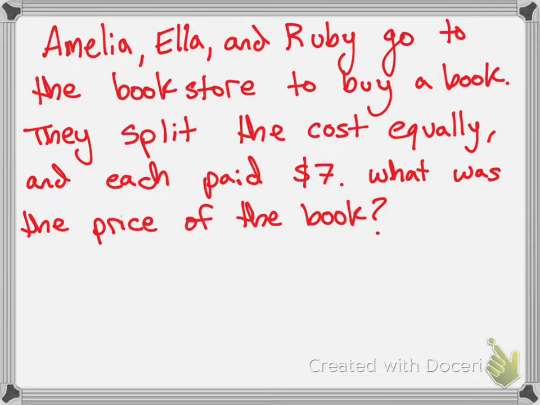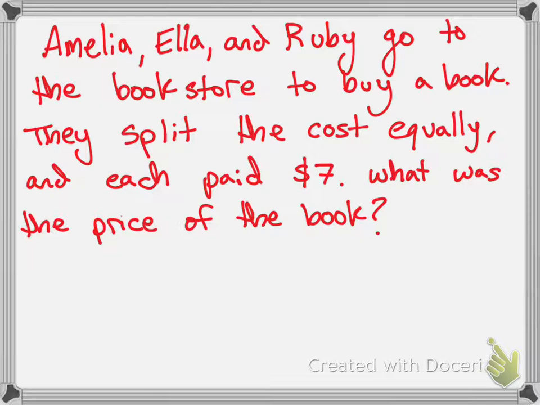So ready? Amelia, Ella, and Ruby go to the bookstore to buy a book. Shocking. They split the cost equally and each paid $7. What was the price of the book? So the first thing is I want you to tell me, what don't I know? Oslin, what is it that I don't know in this problem?